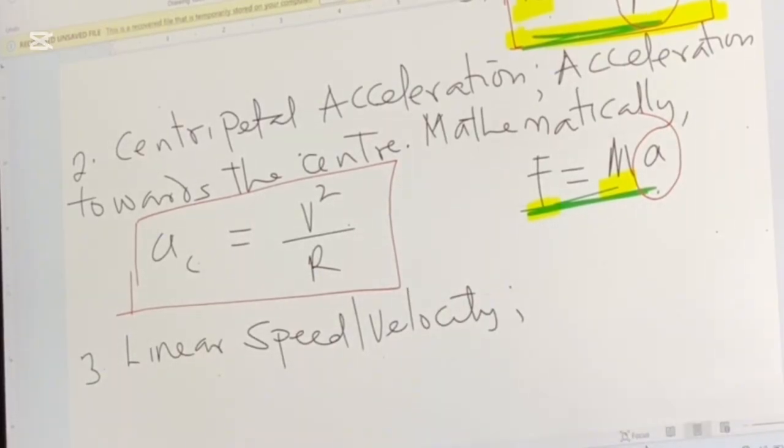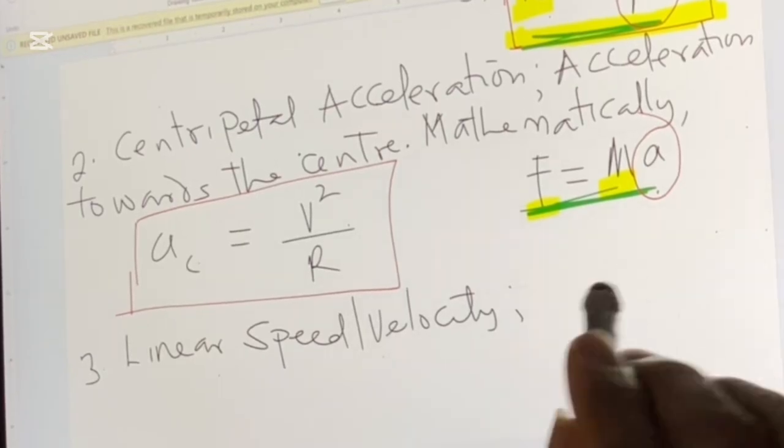Then now let's take the definition of linear speed or velocity. The product of angular speed and radius of a circle is known as linear speed or velocity.